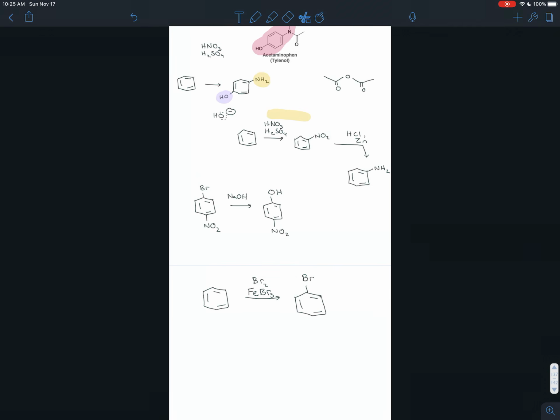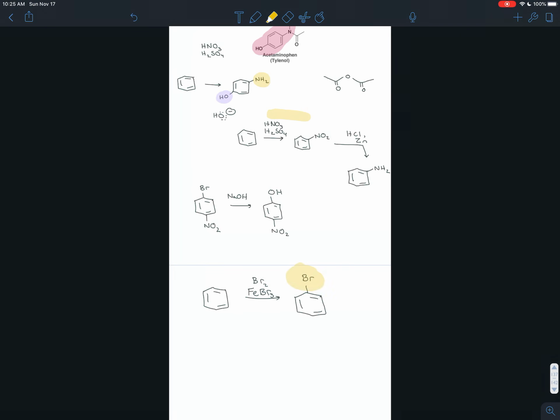Okay, first, if we're trying to make this, you'll notice that they are para. But the NO2, the nitro group, is a strong deactivator and a meta-director. So you can't put that on first, because then the bromine would add on the meta positions. But here, it's on the para position.